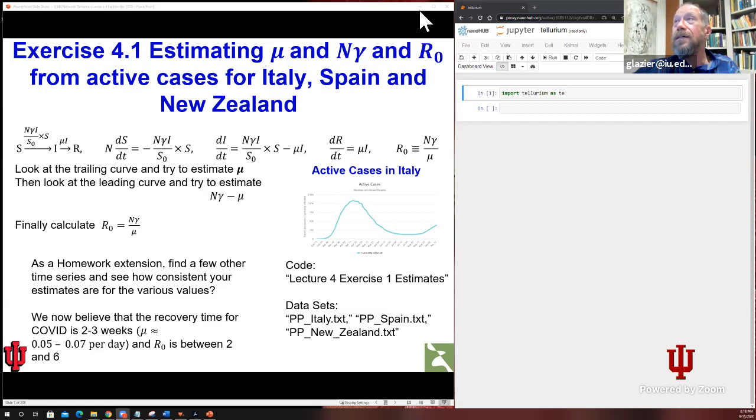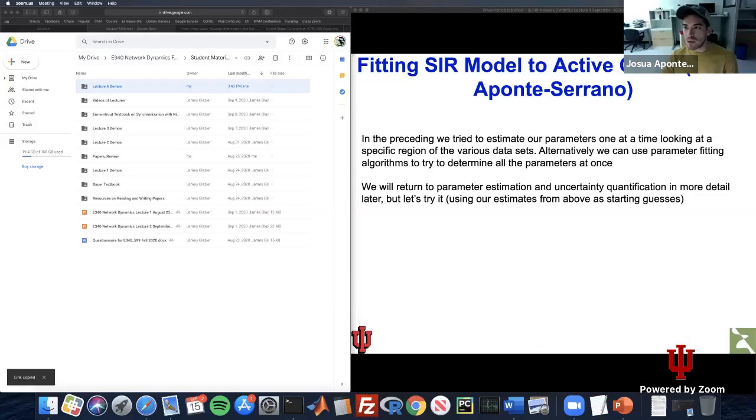Sure. People should follow along. The code is lecture 4 exercises estimates. So people can find the code. I'm sharing the Google Drive link.